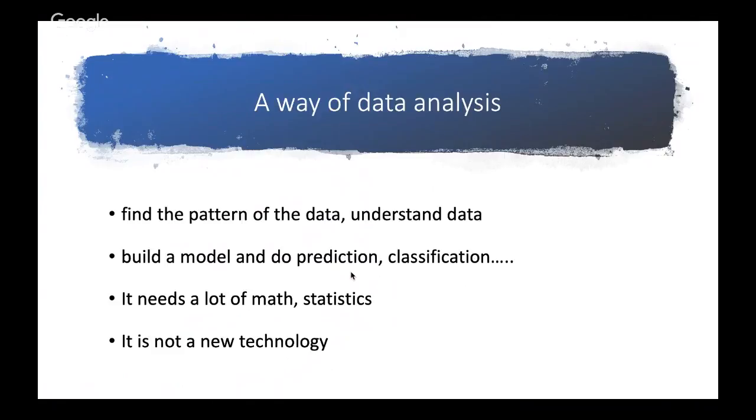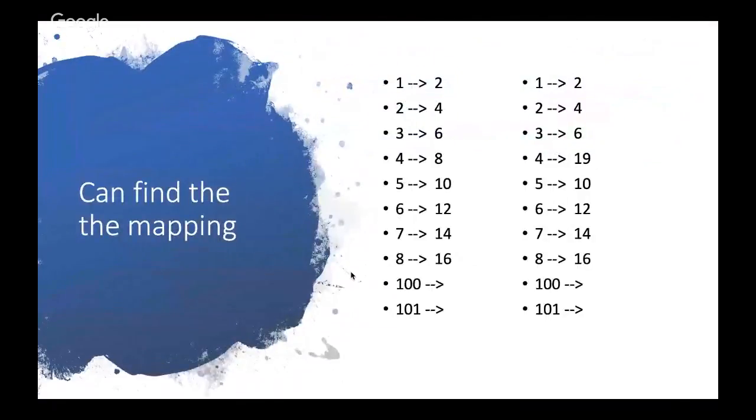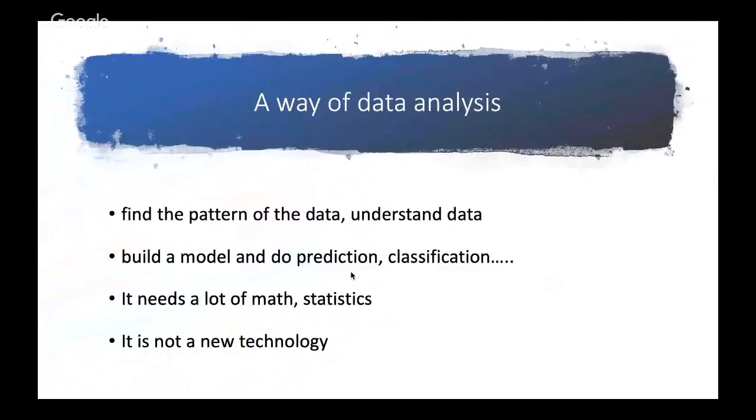From the previous slides, how can you know the mapping of 100? Because it learns. When you see the data, you find there are some patterns, some mappings, some formulas maybe, right? So that is what we want the machine to learn. We want the machine to find the patterns in the data.